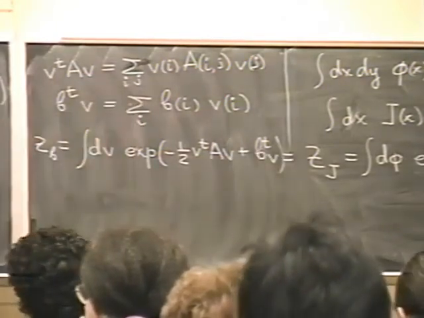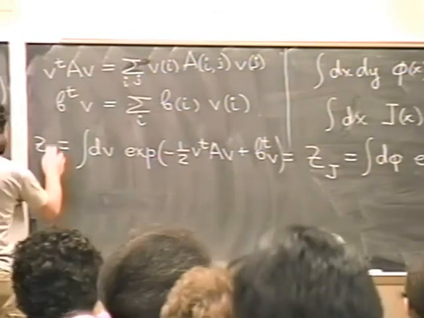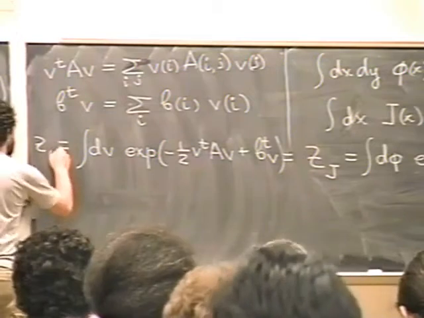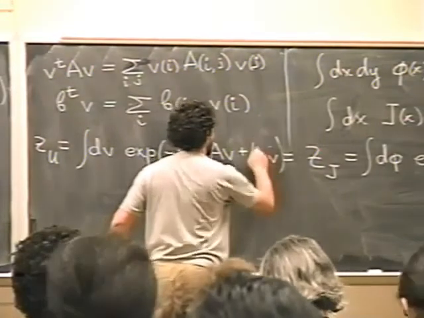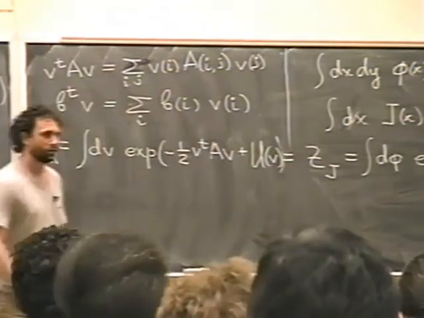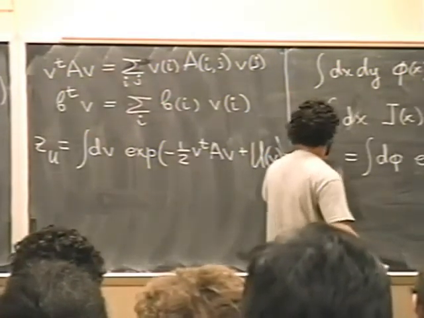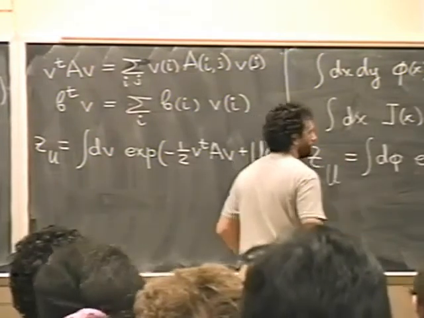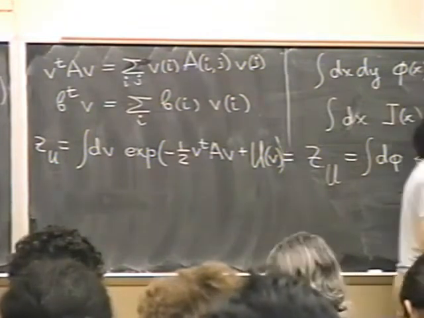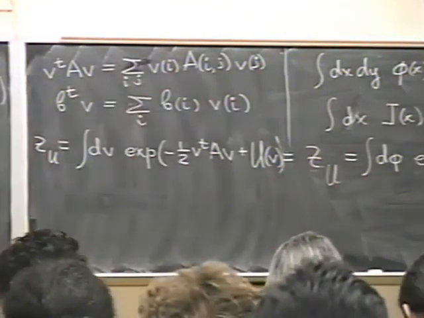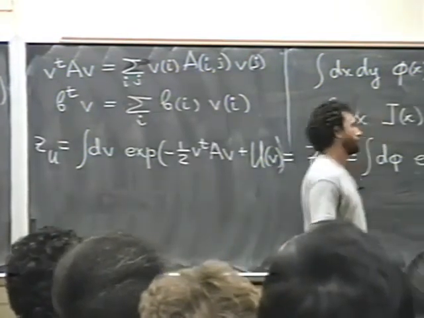So the correlation function of the slightly more general case was this Z_U, almost the same, only here I had some potential U of v. That's some general potential. I'll again call it Z_U. Here the potential will depend on phi.